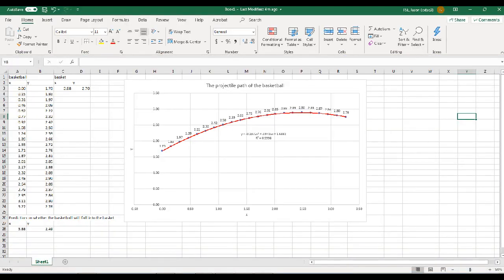Okay, this video is to show how we could use the data in Excel to plot a graph in Desmos.